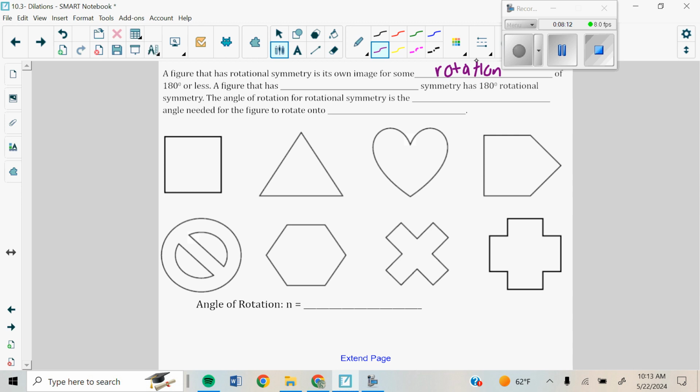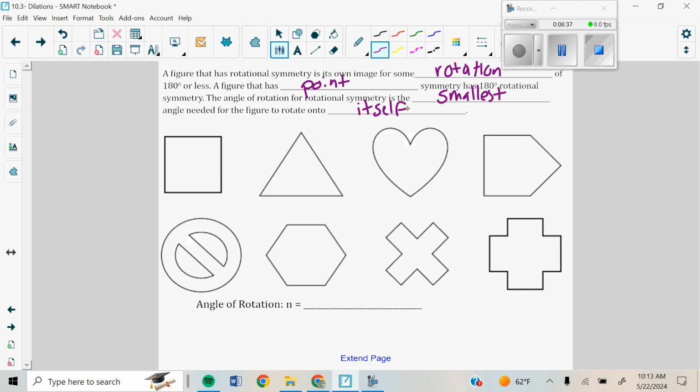A figure that has point symmetry has 180 degree rotational symmetry. The angle of rotation for rotational symmetry is the smallest angle needed for it to rotate onto itself.